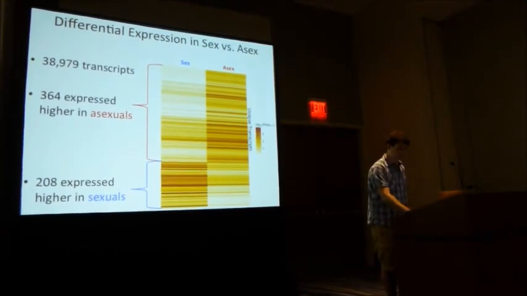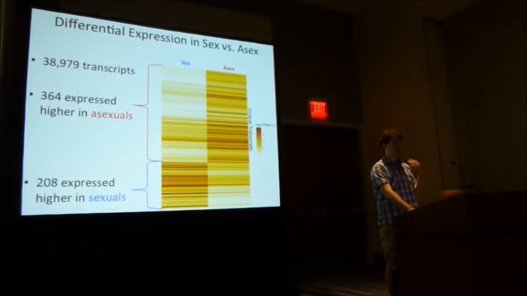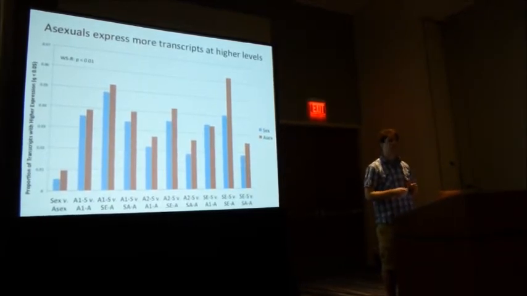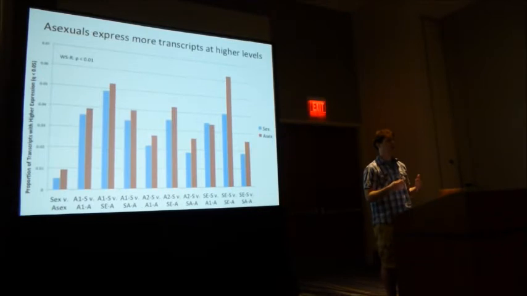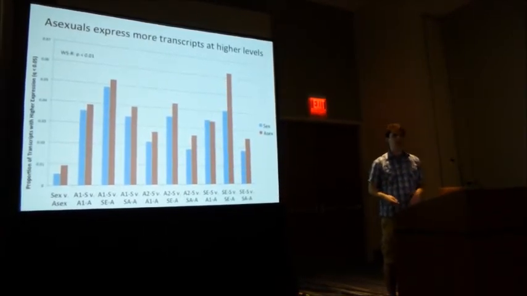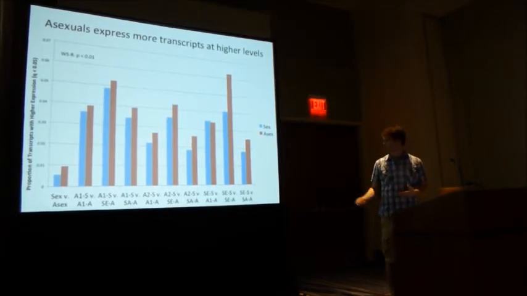So we thought it would be worth taking a look at every pairwise comparison of these sexual and asexual lineages, because, like I said earlier, these asexual lineages are the result of independent transitions to asexuality. They aren't a clade, essentially.